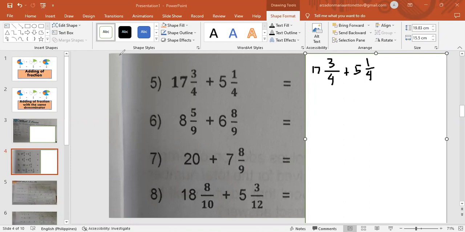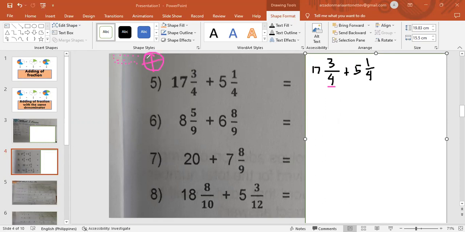We have 17 circles. Now let's use circles. 1, 2, 3, 4, 5, 6, 7, 8, 9, 10, 11, 12, 13, 14, 15, 16, 17. There are 17 circles and the fraction is like this. The other one is, there is 1 circle, and in 1 circle, you have 4 parts.